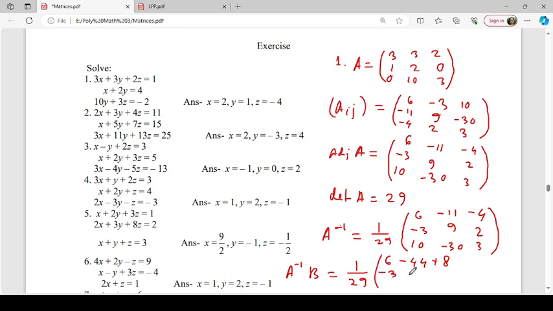Then 9 into 4, it is 36. And 2 into minus 2, it is minus 4. So it is minus 7 plus 36.